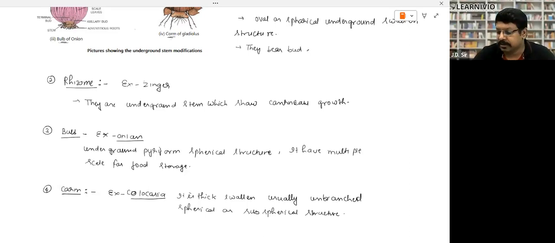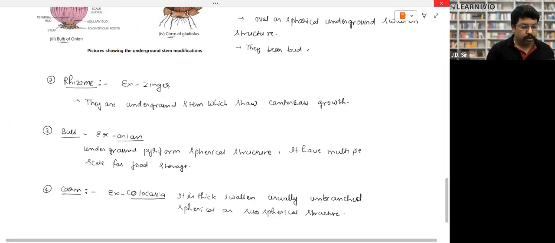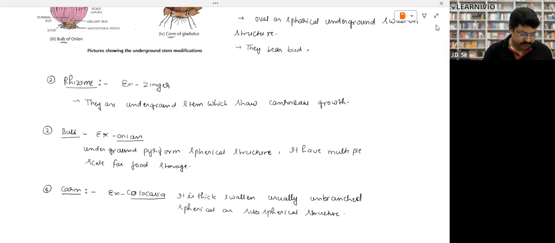So this was the modification of the stem. And modification of leaf will start in the next class. Leaf, what are the leaves and how does the modification take place? Note it down and let me know.